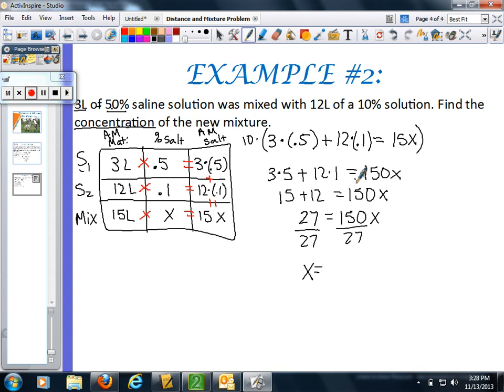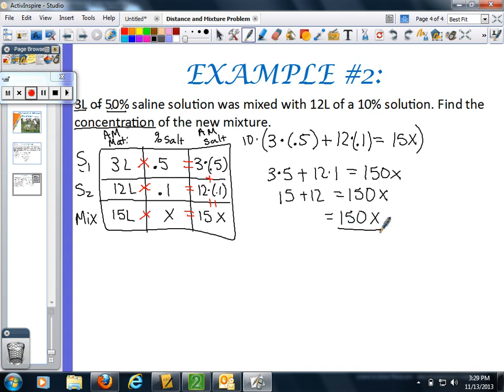Equals, and we have 15 liters times x is 150x. Oh, that's what I did wrong. Hold on. Let's go ahead and fix this. I actually solved the wrong way.